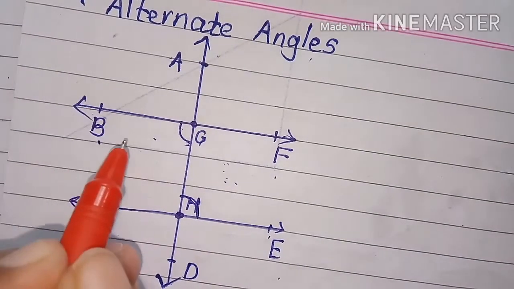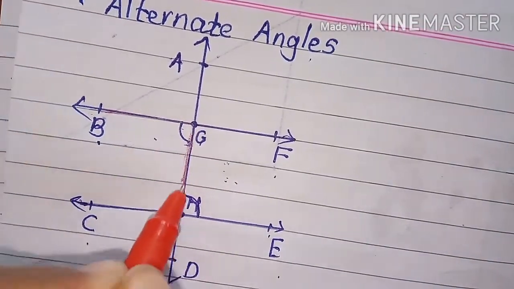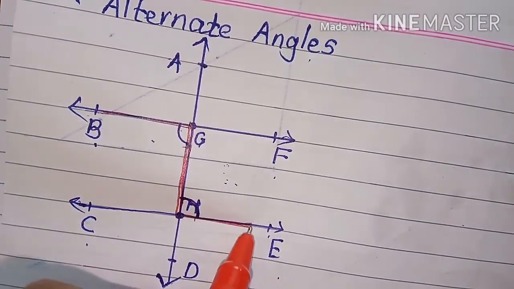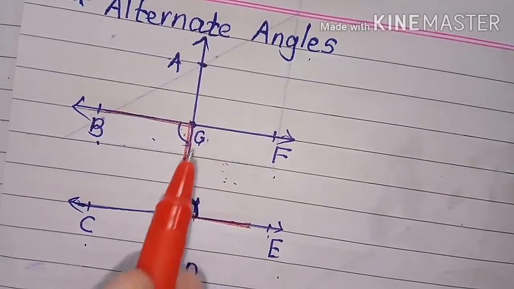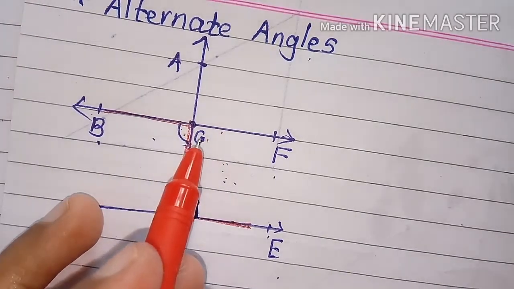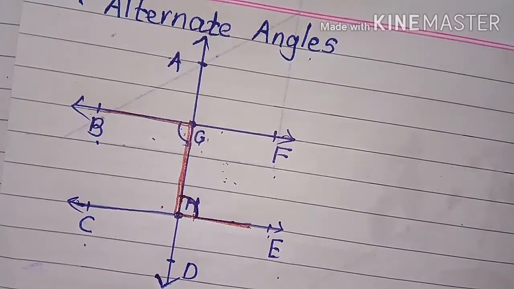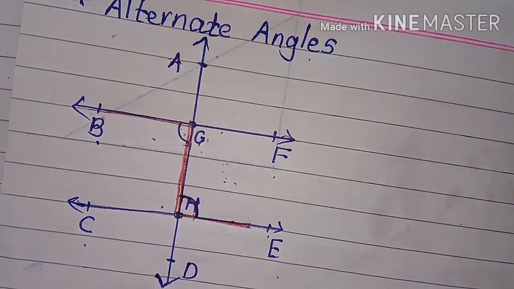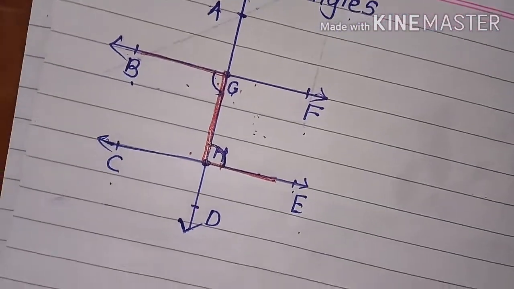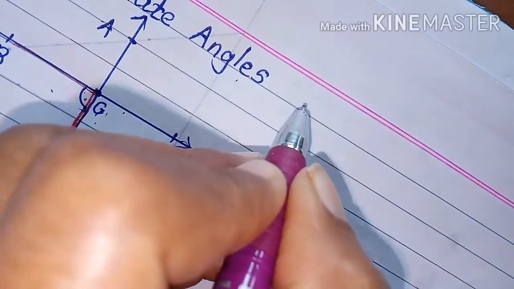Like this, see here. This one is the Z sign. This one pair and this one pair. These are the interior alternate angles, and another type is exterior alternate angles. First we saw what is meant by alternate angle, and there are two types of alternate angle.